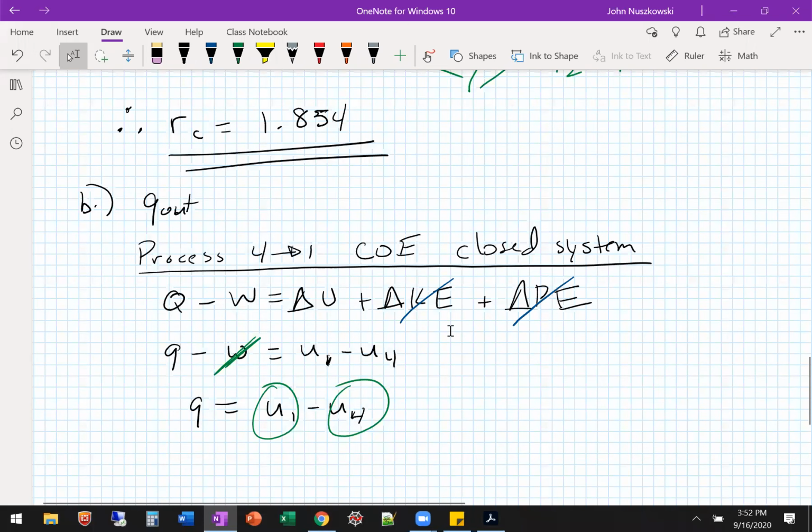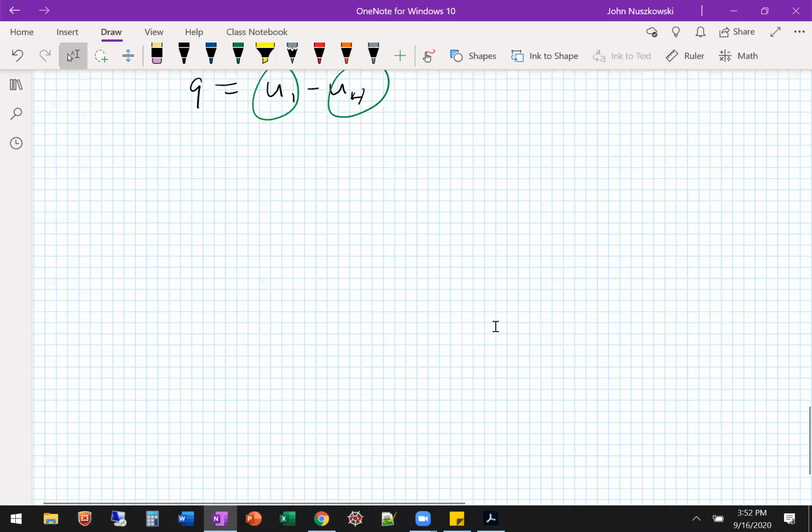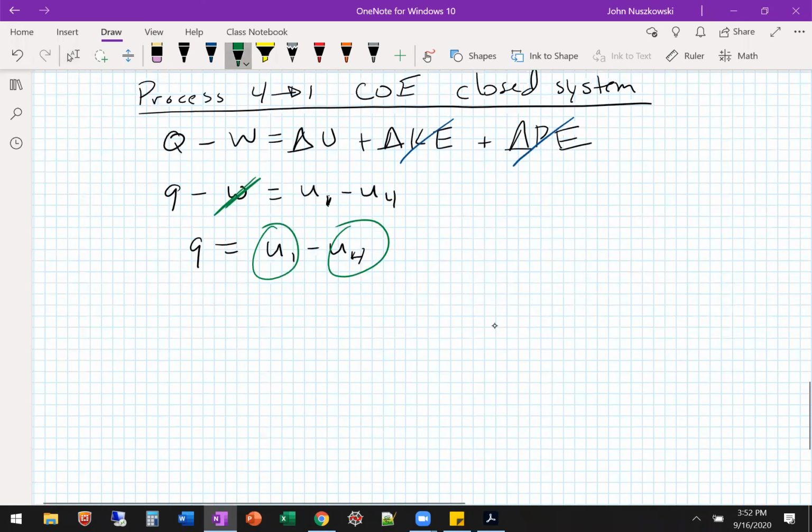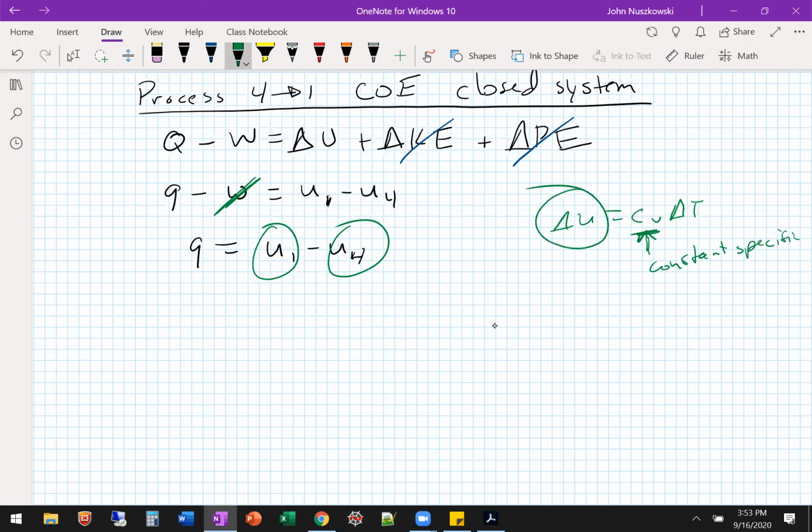No, because that would require constant specific heats. Delta U equals CV delta T requires constant specific heats, so we can't use this. We have to get this value directly.